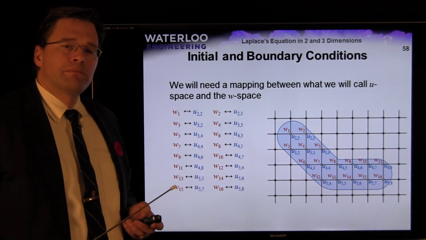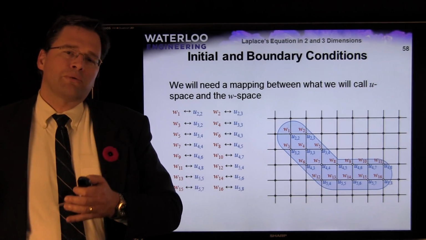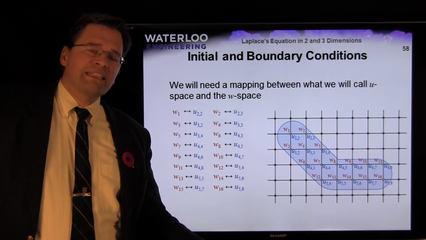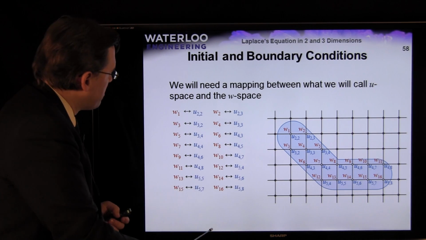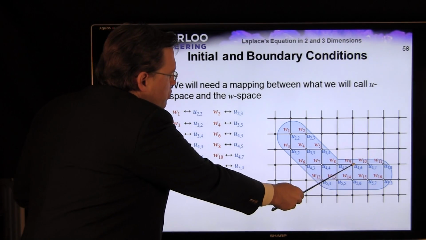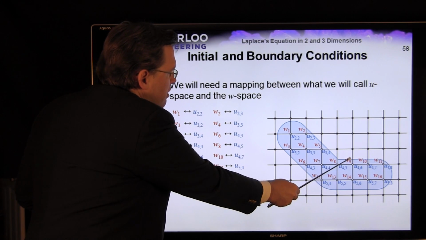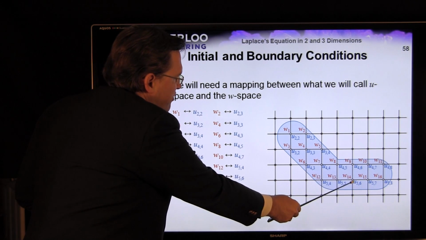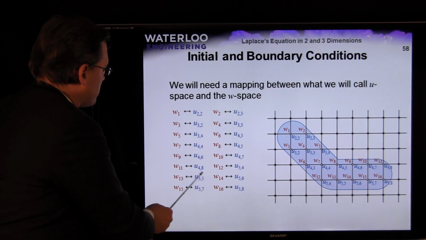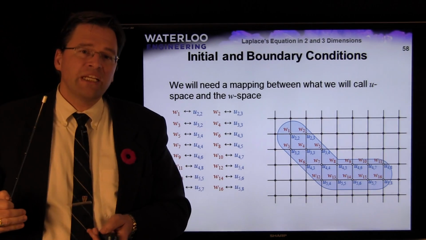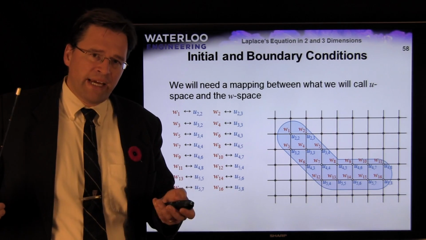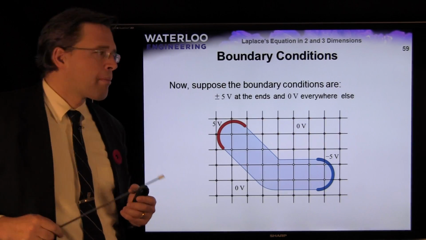So we're going to set up a system that is 16 by 16, and we will determine, for example, u46 is w9, but it's adjacent to u56, which is w14. So w9 and w14 will be considered adjacent, and we will create our system of equations using those.